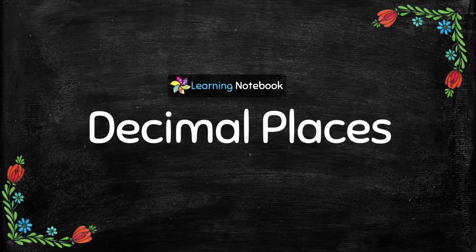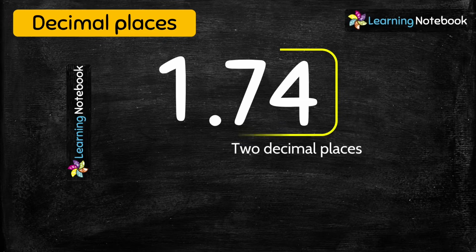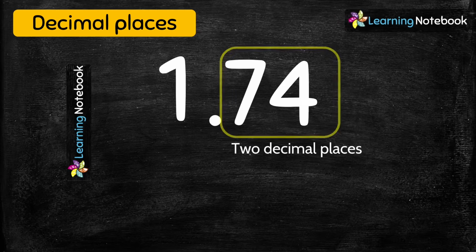Now let's learn about decimal places. Students, in a decimal number, the number of digits after the decimal point is known as decimal places. So here in this decimal number 1.74, there are two digits after the decimal point.